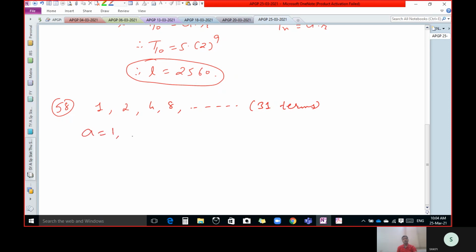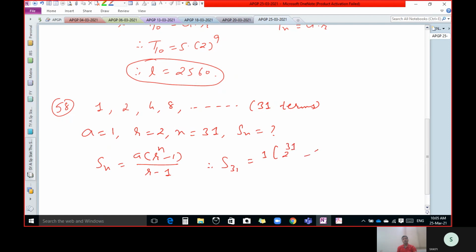So here A equals 1, R equals 2, N equals 31, and we have to find the total amount. Once again use the formula Sn equals A into R raised to N minus 1 upon R minus 1. So S31 equals 1 into 2 raised to 31 minus 1 upon 2 minus 1.